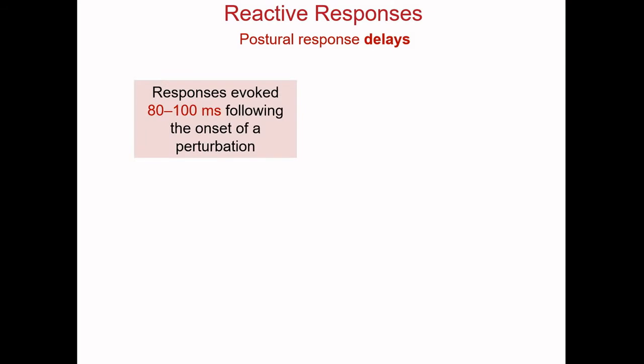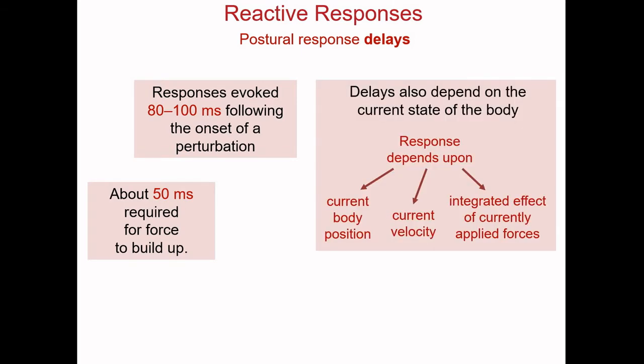The next characteristic of reactive responses for us to understand is response delays. A reactive response is evoked between 80 milliseconds and 100 milliseconds after the onset of a perturbation. An additional 50 milliseconds can be required for force to build up in the recruited muscles. Response delays also depend upon the state of the body when the perturbation occurs.